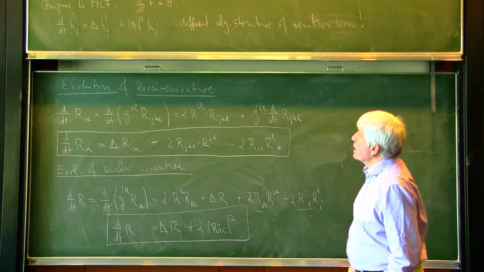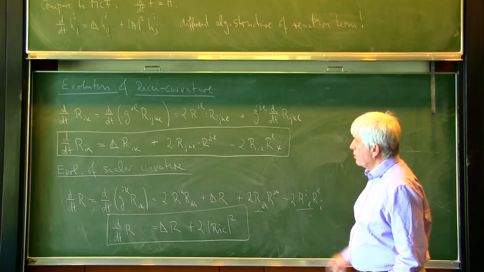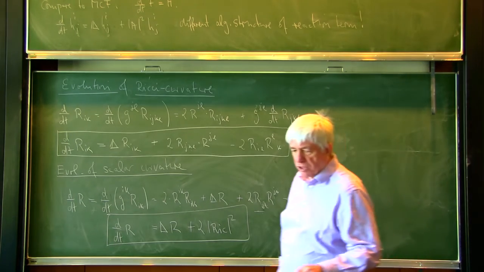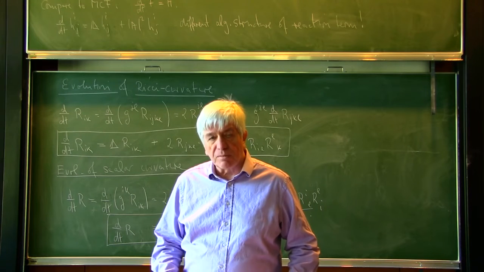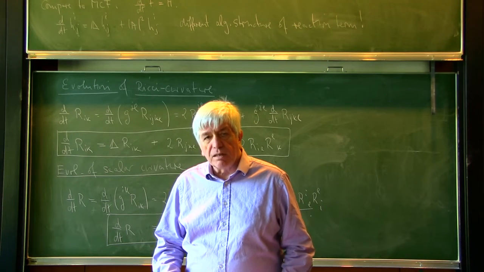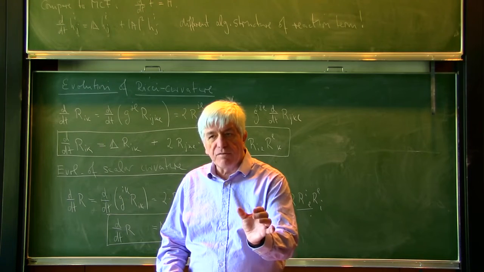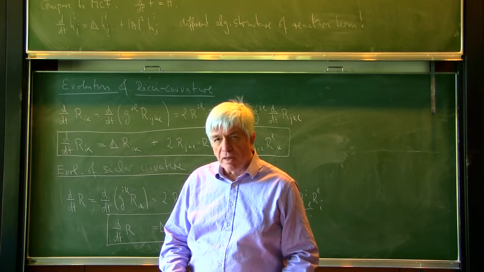Okay, so let me make one comment about these many curvature terms. It turns out that some of these curvature terms are only there because as we change the metric, the length of the base vectors in our coordinate system are changing.